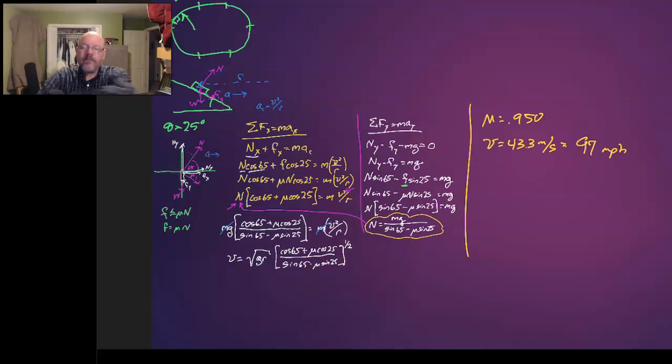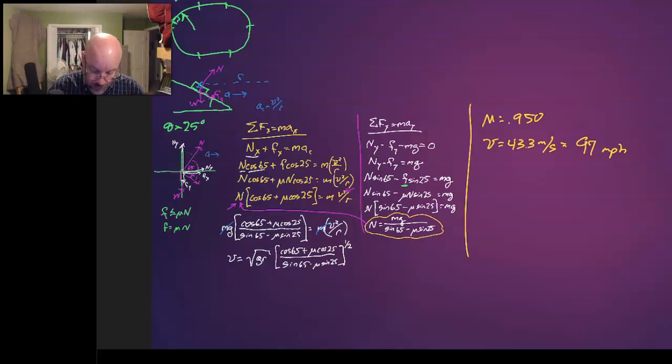Okay, so when I got that answer, I was a little concerned because it seemed way too low. And so I checked and I double checked my numbers and my math and everything, and I couldn't find any mistakes. And then a couple of things occurred to me.